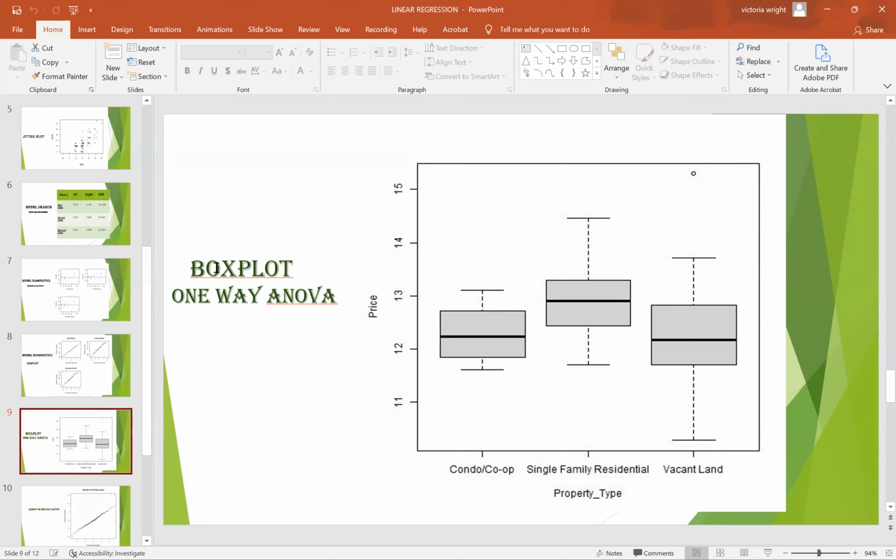This one is the box plot for the categorical variable property type. And like you see over here, the single family residential had a higher price than condo or vacant land, but together they help predict the price.